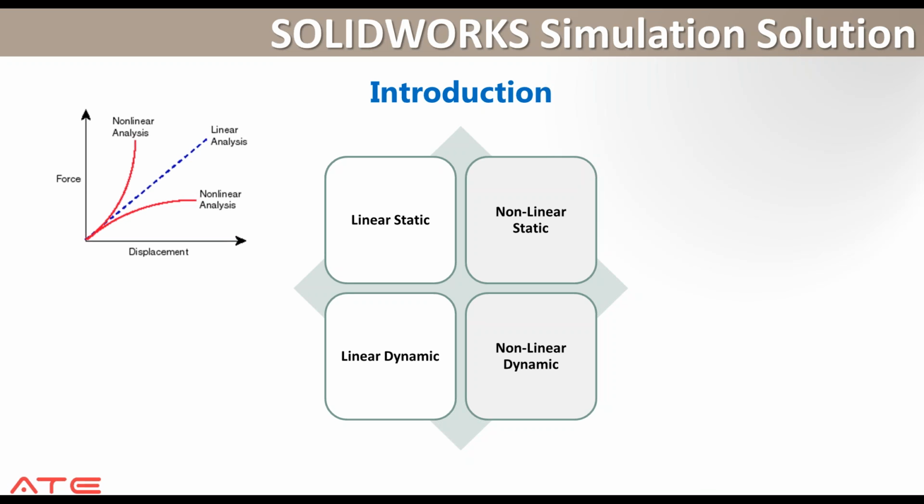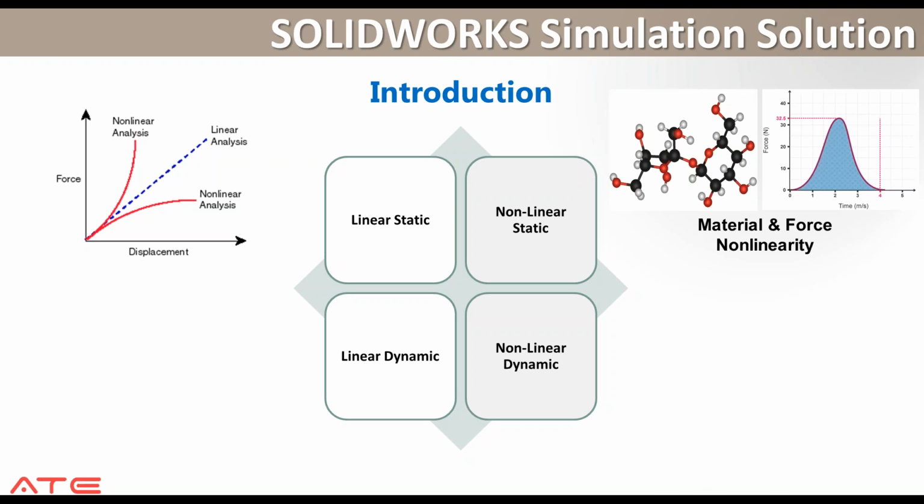A quick graph here will show you the force and displacement graph. You will see that linear static analysis has a proportional relationship, and non-linear analysis is whatever goes beyond that particular proportional graph.